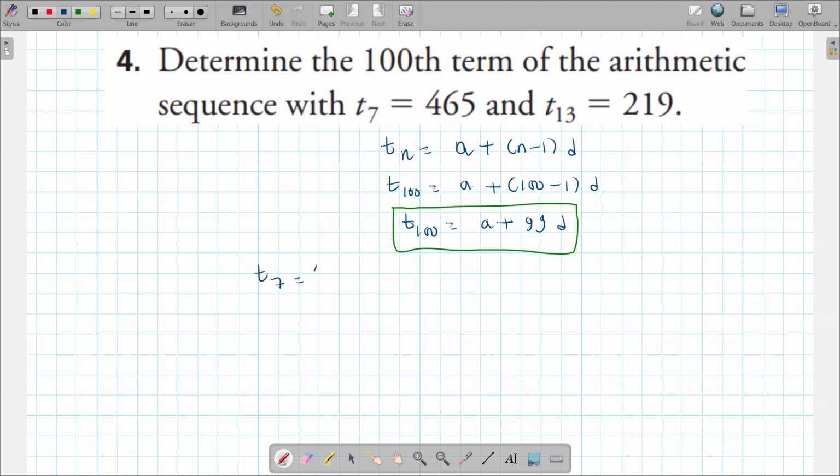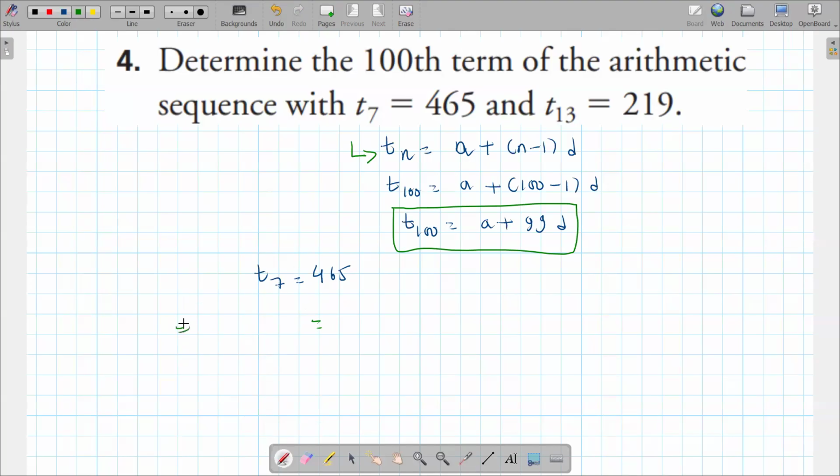T7 is equal to 465. Using this formula, what does this become if you replace n with 7? You can write down what the givens are.